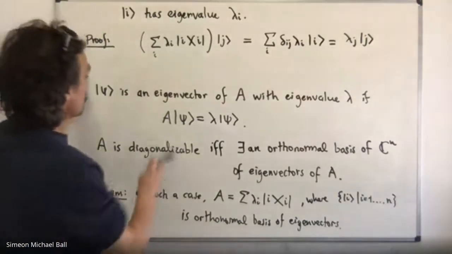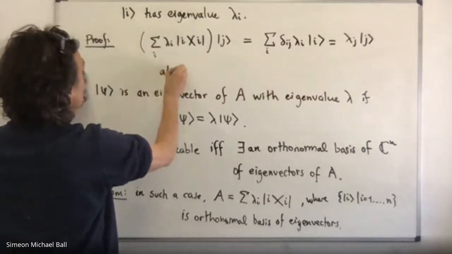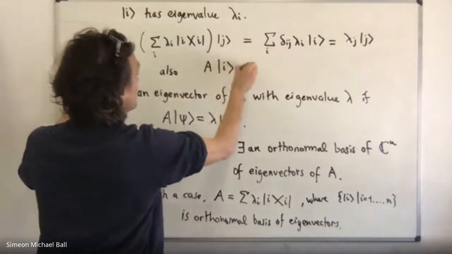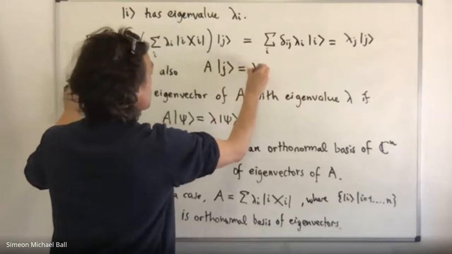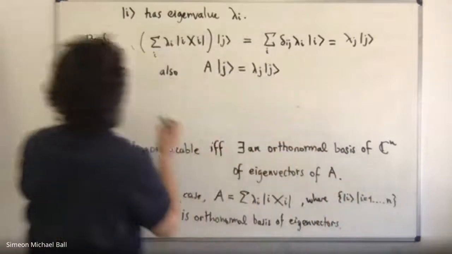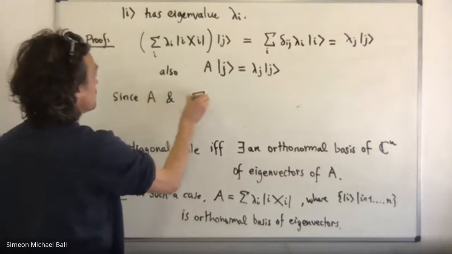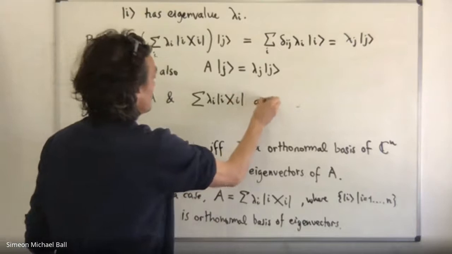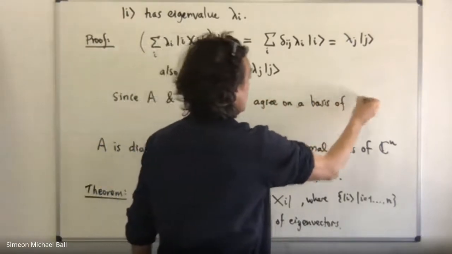Also, since |j> is an eigenvector of A with eigenvalue lambda j, A of j is equal to lambda j |j>. So since they agree on a basis of Cn, by linearity, they're the same.